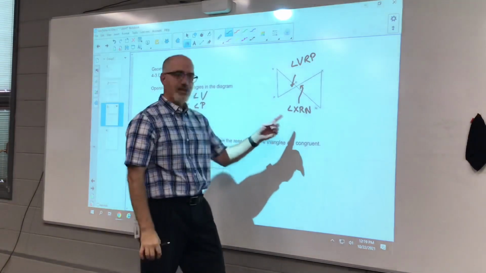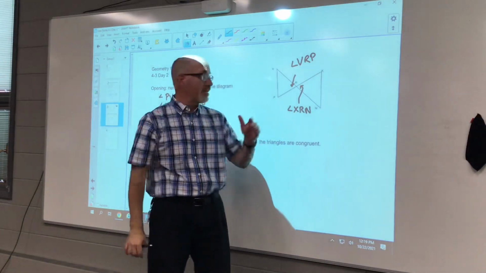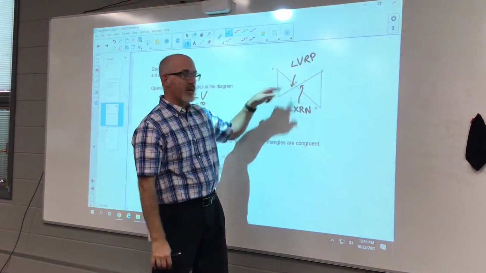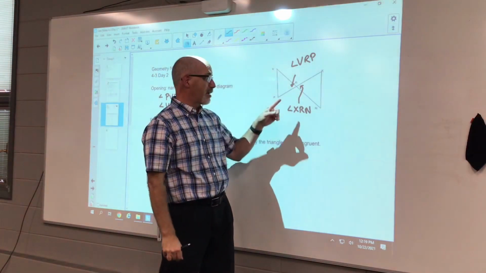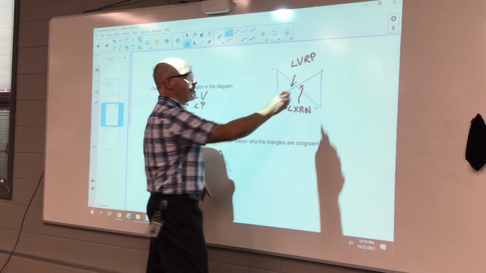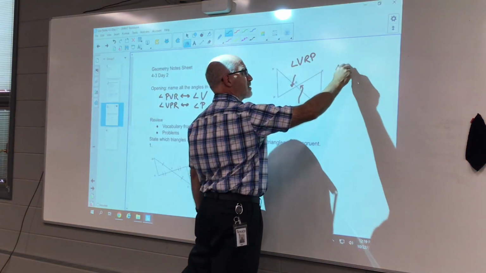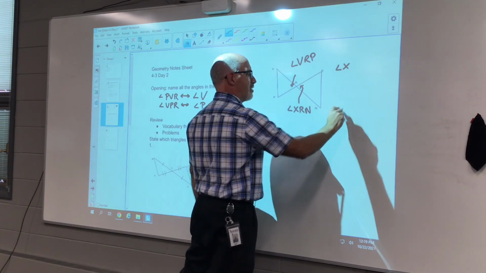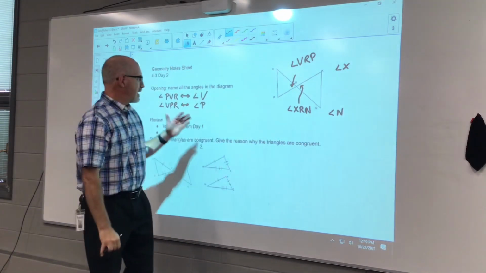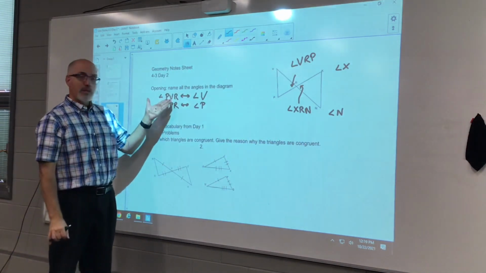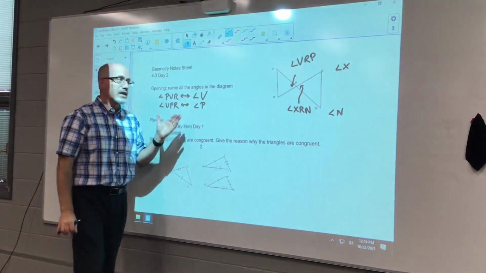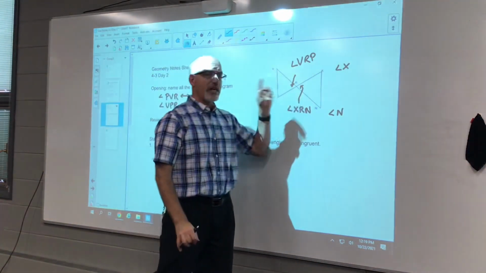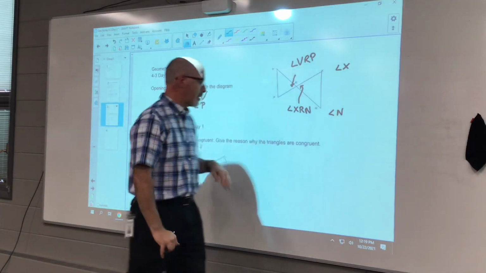So I have to use 3 letters to identify this one because that R has multiple angles there. These last 2 could be listed just as angle X because there's only one angle there, and this could be listed as angle N. So notice that some we could list with 3 letters, but some we could list with just 1 letter. But for these 2, make sure you list them with all 3 letters.